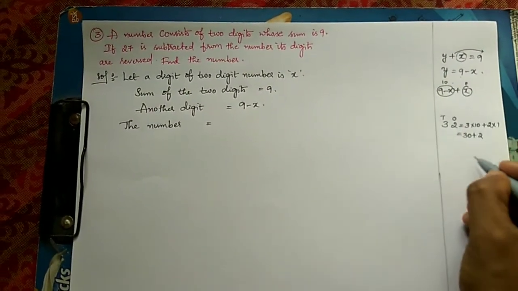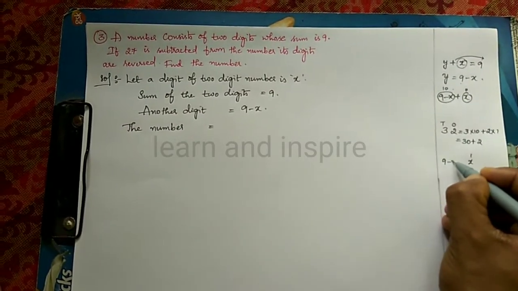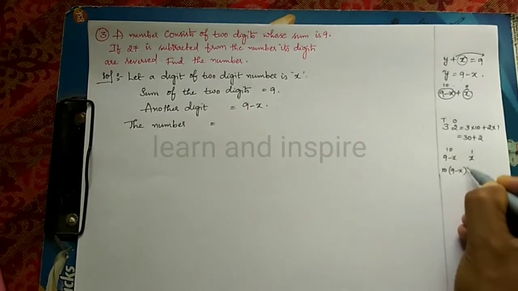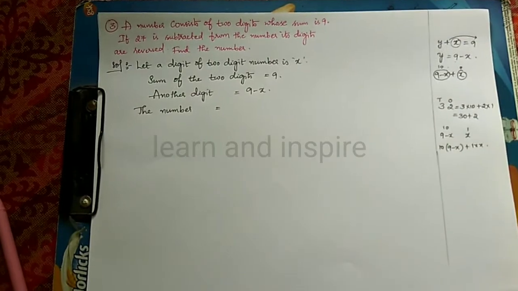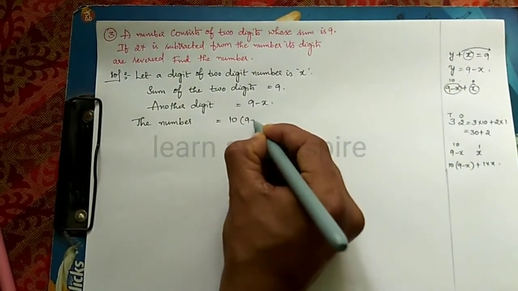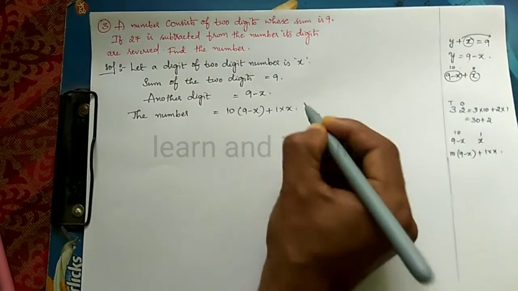In the same way, x is in ones place and 9 minus x is in tens place. How can we write this? 10 into 9 minus x plus 1 into x, because x is in ones place. So the number is 10 into (9 minus x) plus 1 into x.